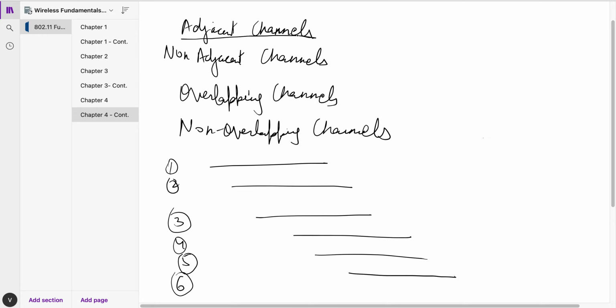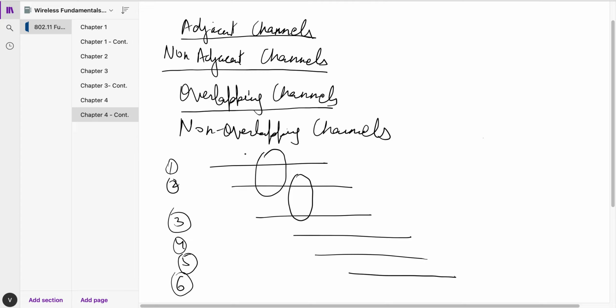The channels which are not next to each other, 1 and 3, 2 and 4, 3 and 5, are called non-adjacent channels. Overlapping channels are those whose frequencies overlap. Channel 1 and 2, the frequencies overlap very well. Channel 2 and 3, 1 and 3, the frequencies will overlap. All those channels whose frequencies overlap are called overlapping channels.